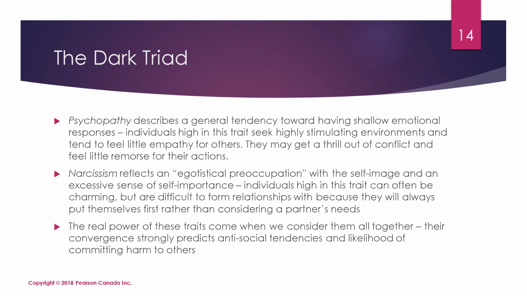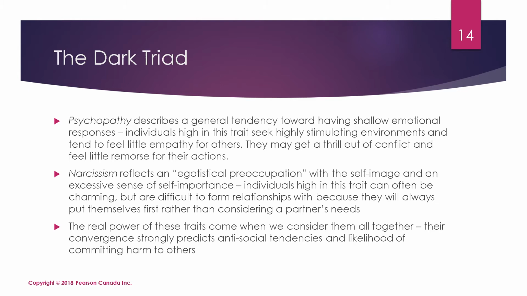Narcissists really think they are the most important, and they can be very charming to other people, but they're difficult to form relationships with because they will always put themselves first. So they're never really going to consider the needs of others.